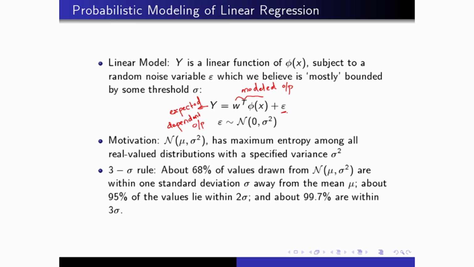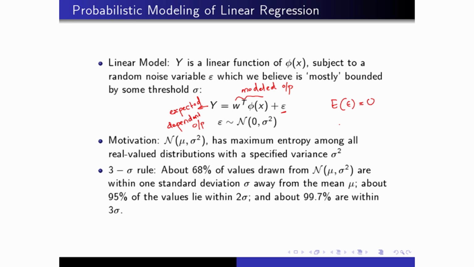Now, what does random noise mean? Well, first of all, noise means that it should be centered around 0. So the expected value of epsilon should be 0. And we also want that epsilon doesn't exceed some threshold as often as possible.